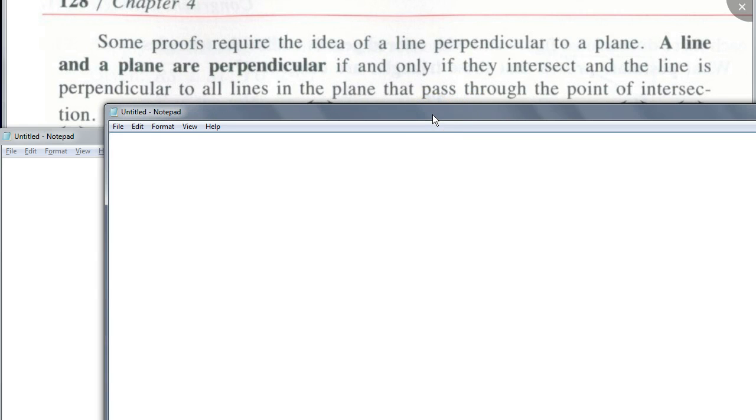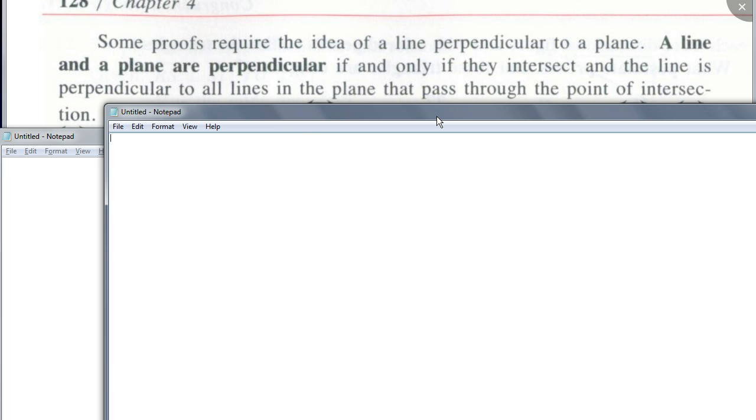So write this down. This is a definition. A line and a plane are perpendicular if and only if they intersect and the line is perpendicular to all lines in the plane that pass through the point of intersection. Instead of saying it makes infinitely many 90 degree angles, that's what they're basically saying, isn't that right? Can we just write his definition?